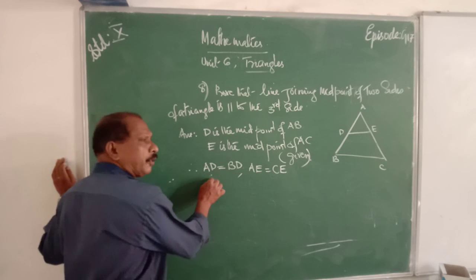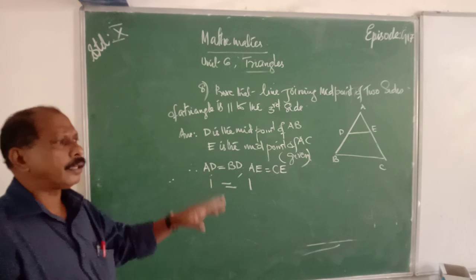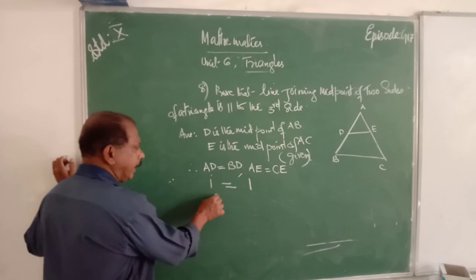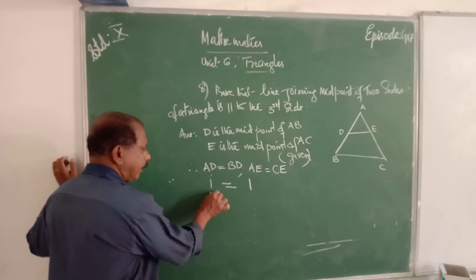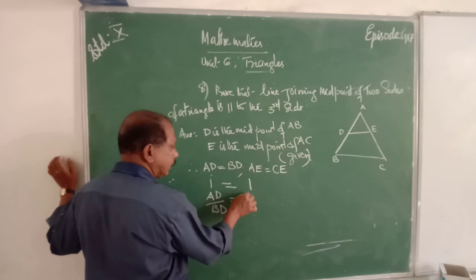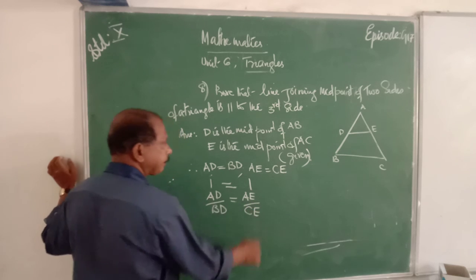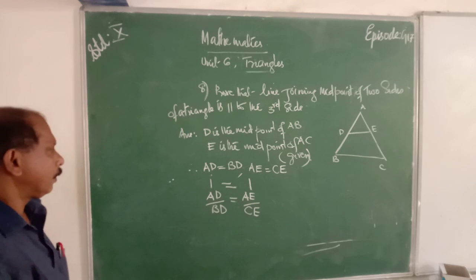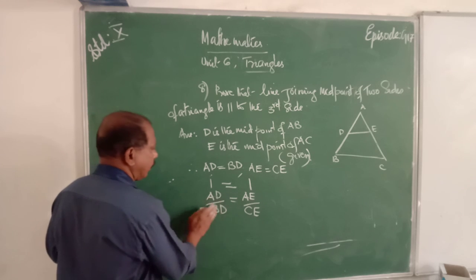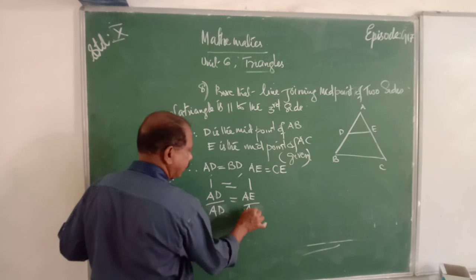We know that 1 is equal to 1, left and right are equal. That is, AD by BD is equal to AE by CE, that is AD by AD and AE by AE, that is 1 is equal to 1.